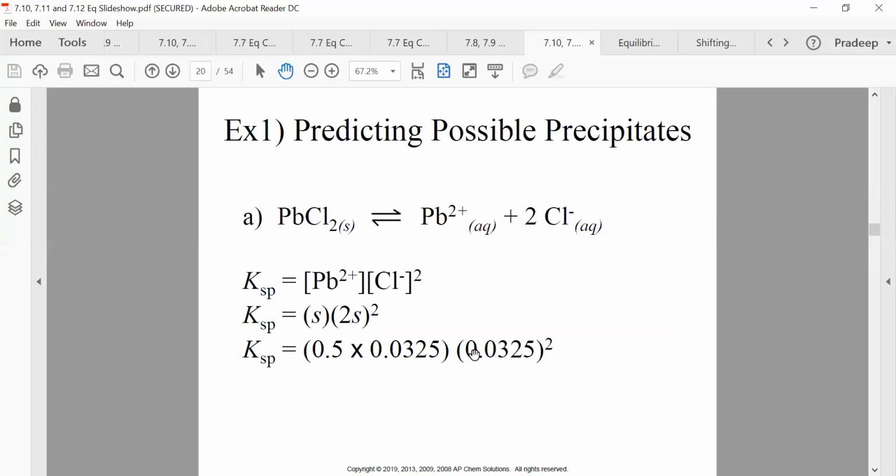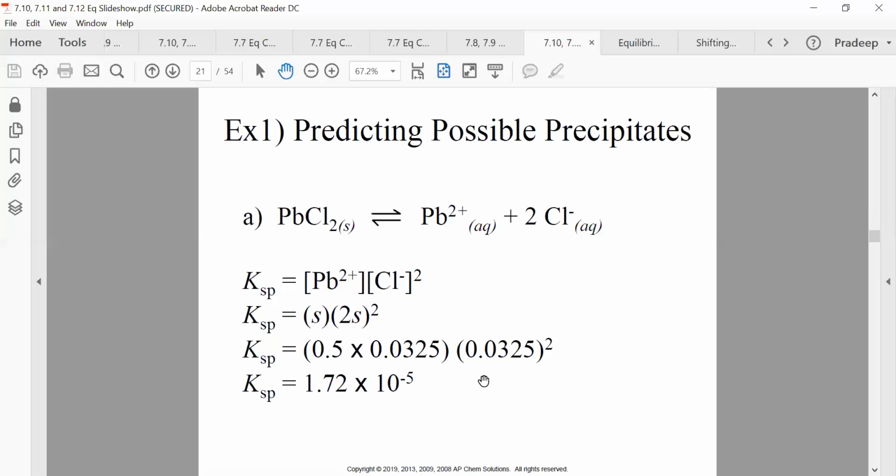Because the concentration of Cl minus is given to you, which happens to be 2S, and is 0.0325, S is half of that, obviously. So you can assume S is 0.5 times 0.0325, and then you solve for that. You will get the value of KSP.